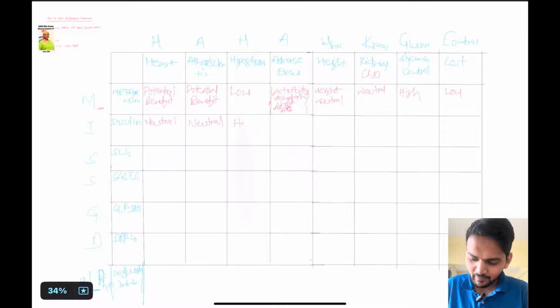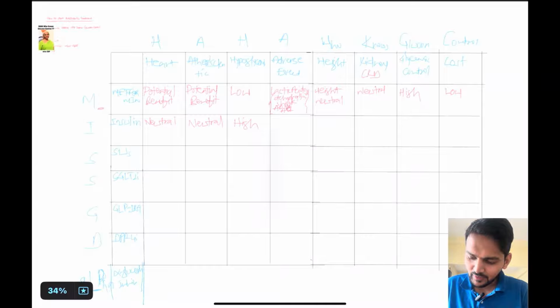Hypoglycemia risk is very high. Adverse events, mainly we know that hypoglycemia will be more and there will be weight gain chances. So these are the two important adverse effects, hypoglycemia and weight gain. Similarly, in the weight column, we can tell that it has the potential to cause weight gain.